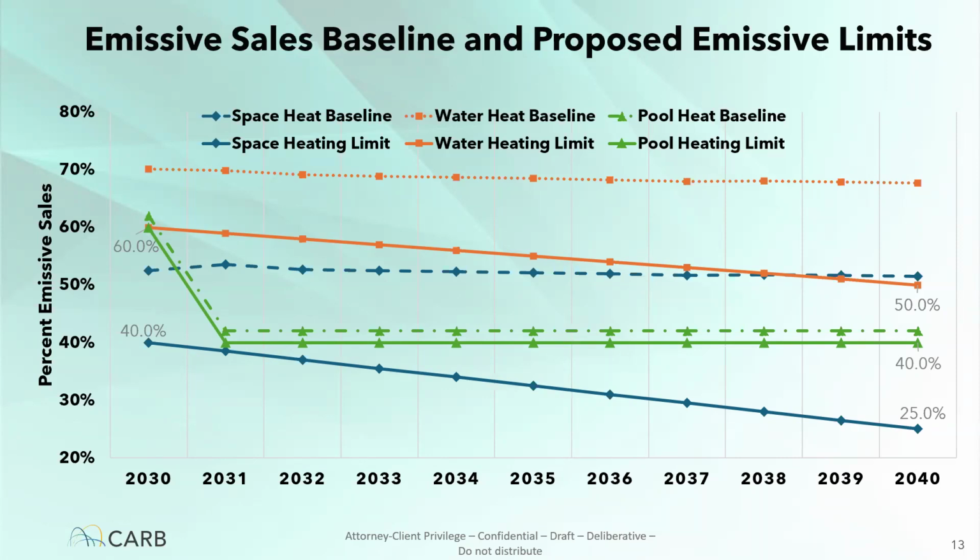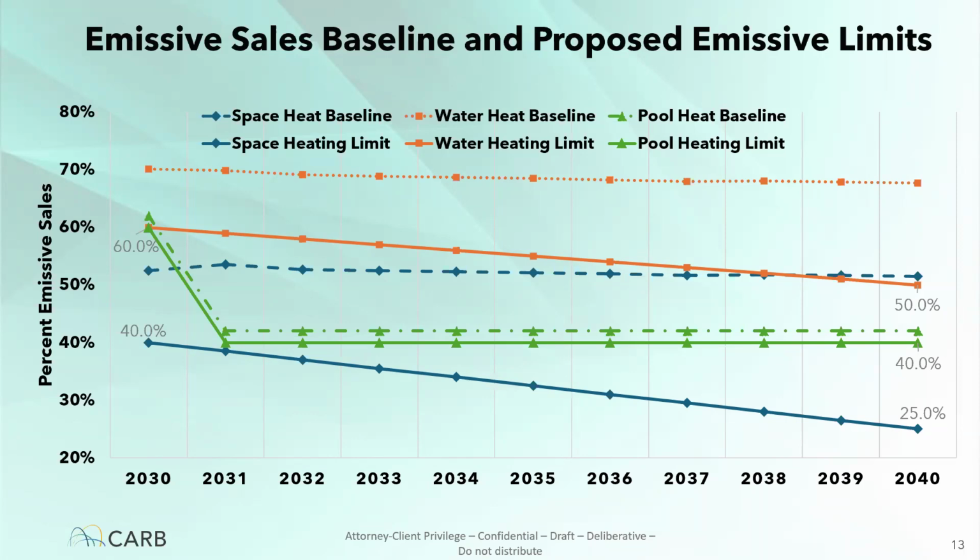These emissive limits are much more modest than the previous 100% zero emission sales requirement. Our team developed these limits, informed by our public engagement work as well as our technical staff analysis. With our building retrofit analysis, we estimated the percentage of buildings that may experience extensive retrofits, and that helped to provide a check on these percentages in this revised regulatory proposal.